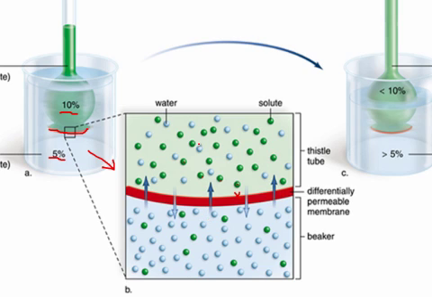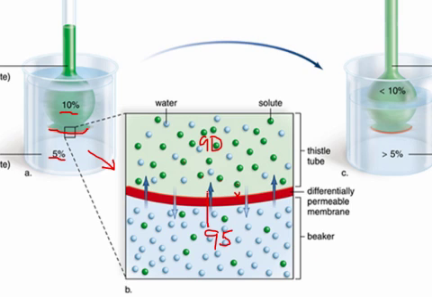Up on the top, that represents the solution inside this thistle tube that has 90% water. The solution on the bottom, which represents the water in the beaker, that would have 95% water. So now we have a concentration gradient for water. It's created because of the concentration of the solute, but the solute cannot move. So the water will move.